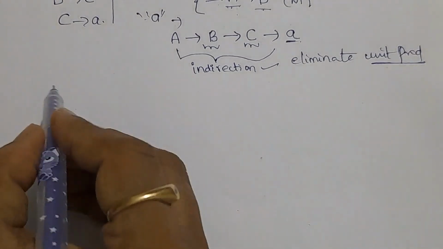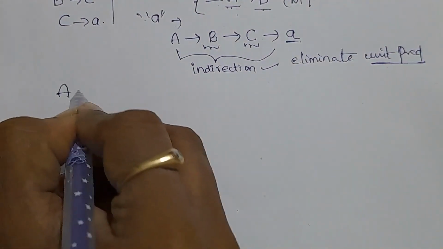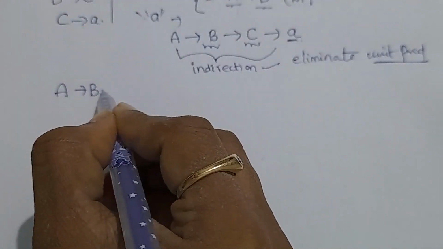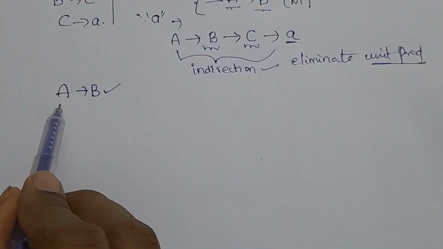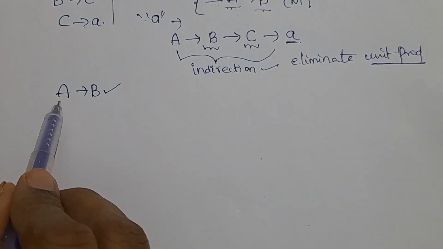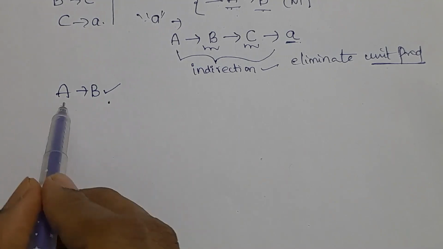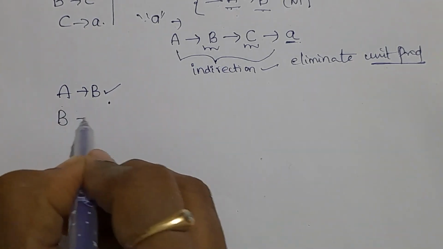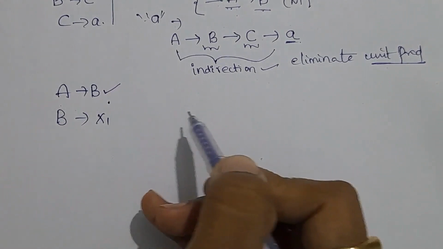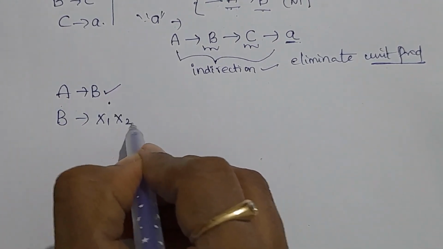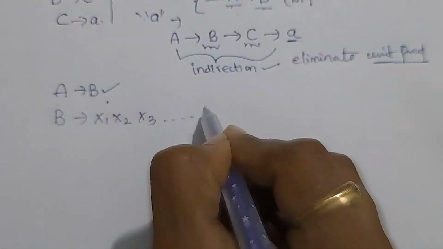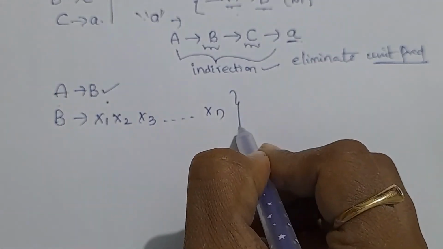Suppose I have a unit production of the form A tends to B. I want to eliminate this production. In B's productions I have x1, x2, x3 and so on up to xn. These are all the productions they have given.